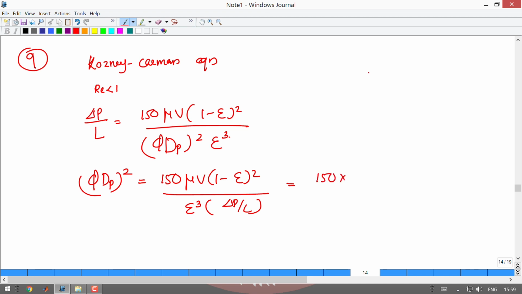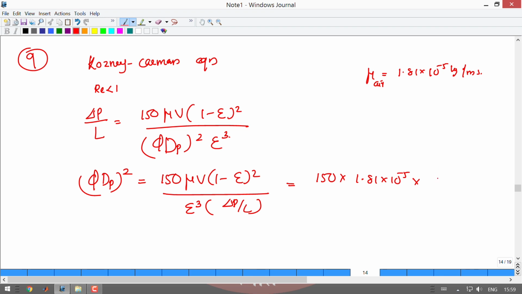150 into mu of air, which is equal to 1.81 into 10 raised to minus 5 kilogram per meter second. So, if I am writing in SI units, 1.81 into 10 raised to minus 5, and velocity is given in the question in FPS unit, so we have to convert it to SI units.